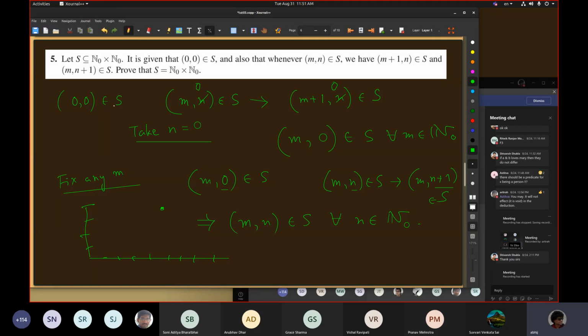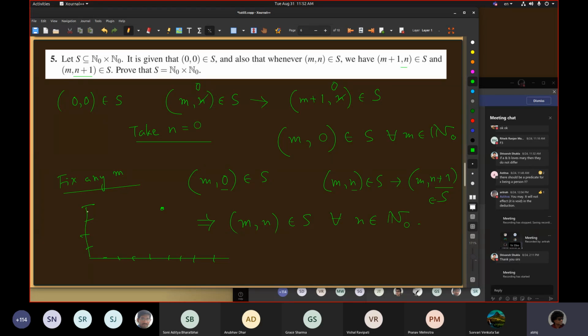Then I proved that m, 0 is in S for all m. Then I fix an m, start with 0 here, and use this n to n plus 1, and prove that m, n is in S for all n in N.